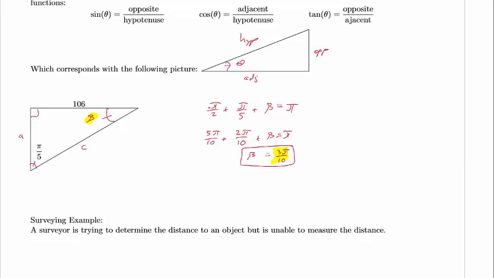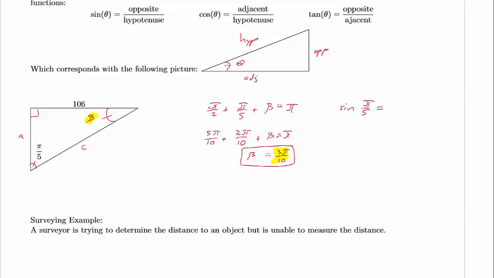Now we've got to get A and B. We're going to use our basic trig for that one. Let's see, A is the adjacent side, so we'll say cosine of pi over 5 equals... sorry, let's not use cosine because that's just going to be A over C. Let's use sine, so that way we can actually figure out one of our unknowns.